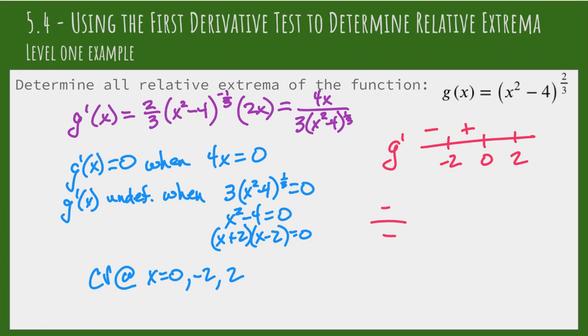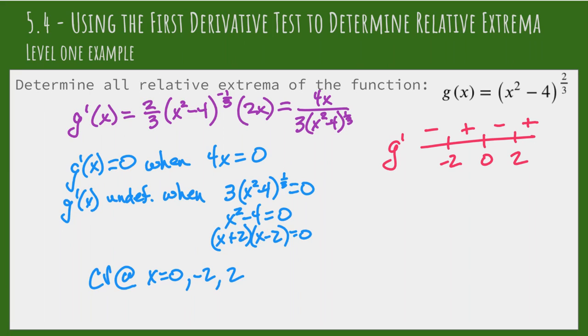Now if we plug in +1, we get a positive on top, but we're going to keep a negative on the bottom, so this is going to be negative. And then plugging in a big number, any big positive number, we're going to get a positive divided by a positive, which is positive. Okay, so we do have the alternating feature of our sign chart, which happens very often, but not always, so you do want to make sure you check every interval.